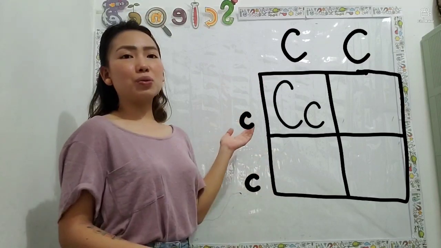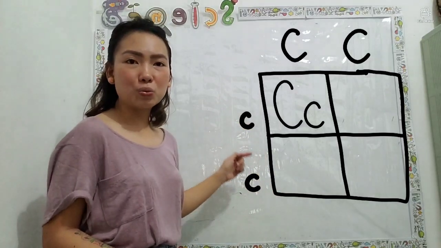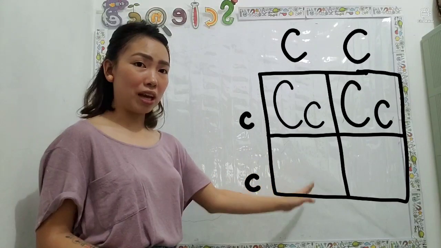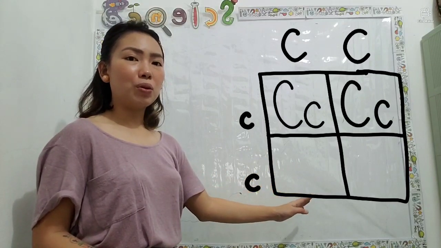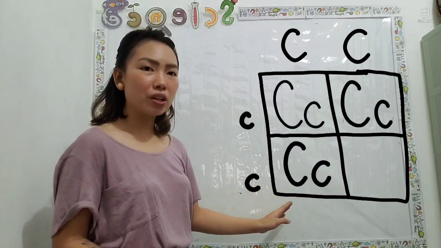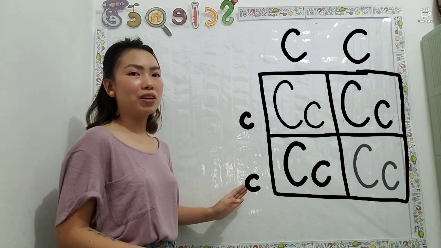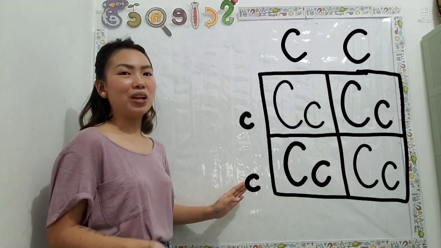On the second box, we'll have another capital and small letter. And then on the third box, which is yung nasa baba, will be a capital letter and a small letter as well. Then, on the last box, we'll have another capital and small letter.